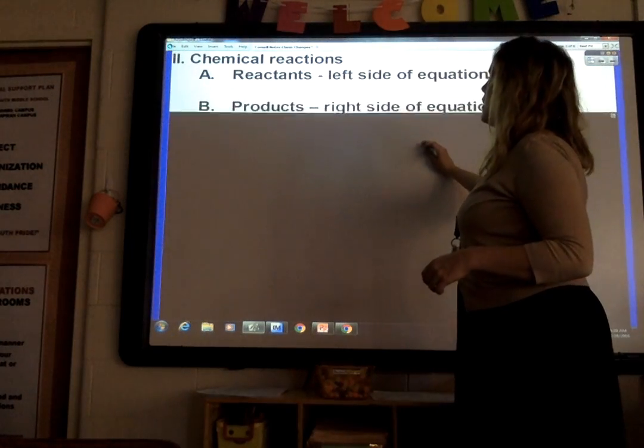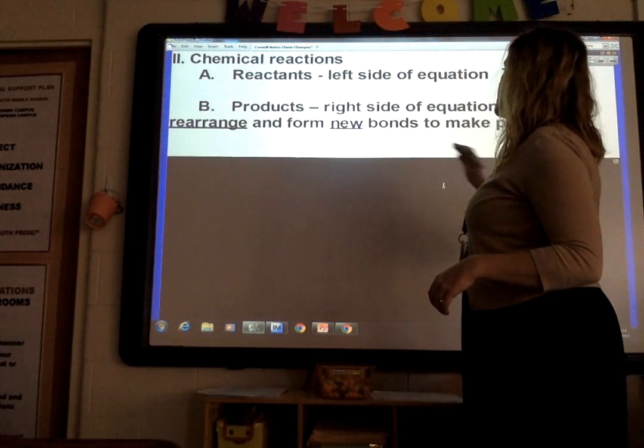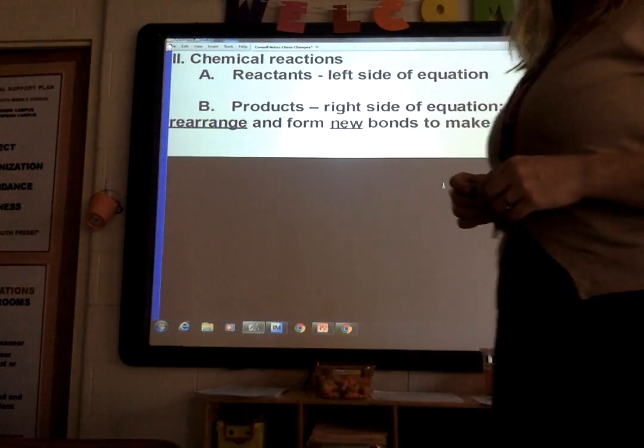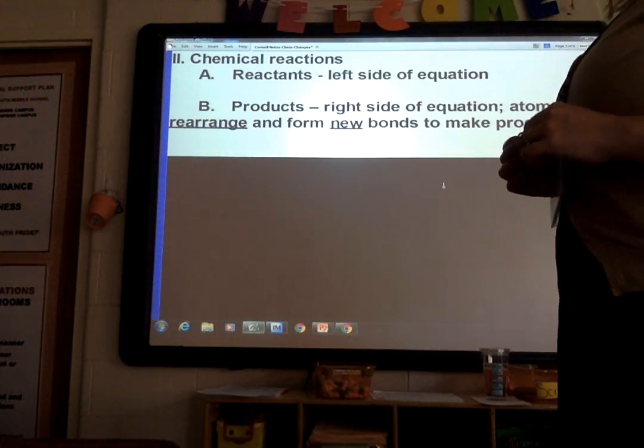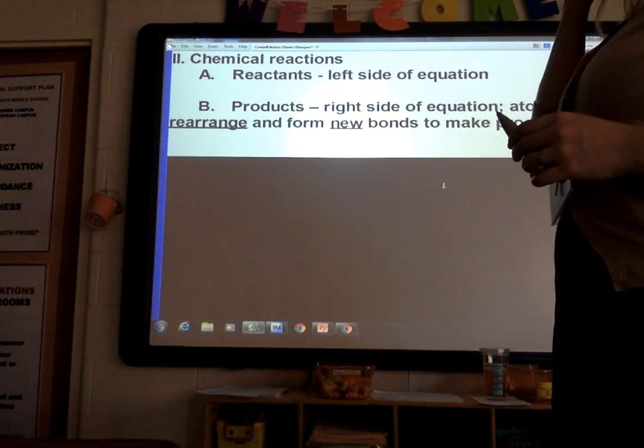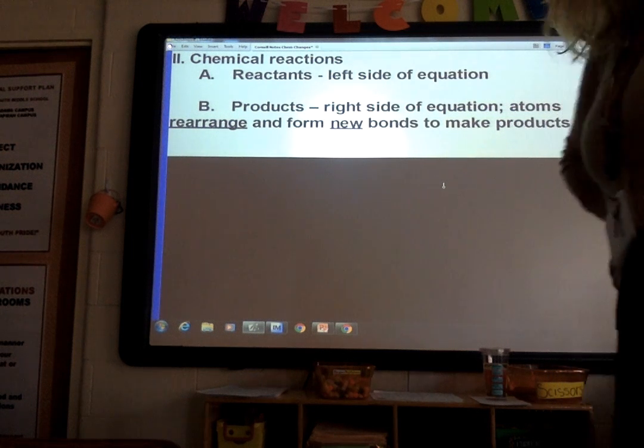Products. This is the right side of the equation. Atoms rearrange to form new substances, new bonds to make new products. Okay, so let's take a look at what we mean by that.